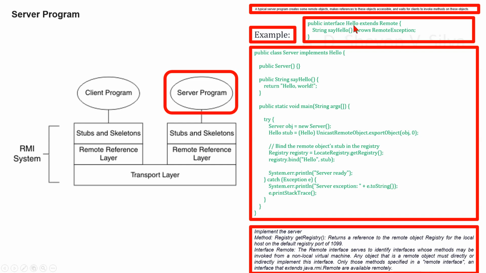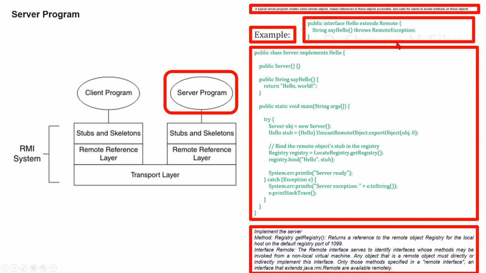A remote interface extends the interface java.rmi.Remote and declares a set of remote methods. Each remote method must declare java.rmi.RemoteException or a superclass of RemoteException in its throws clause, in addition to any application specific exceptions.